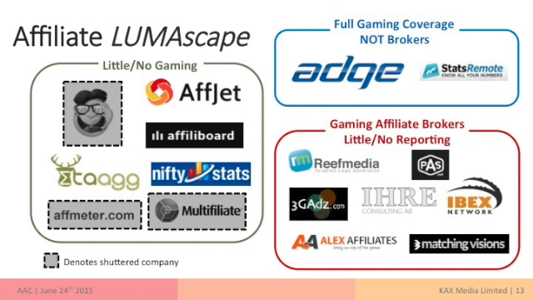Nifty Stats is desktop software that you download and run on your individual machine, which is obviously not ideal. Most of the software these days is cloud-based, which means it's multi-user, multi-device, always up to date. When you do it on a PC, you really give up a lot of functionality.